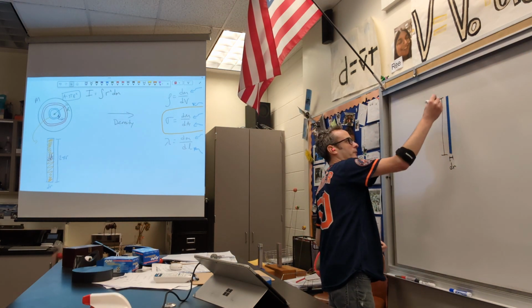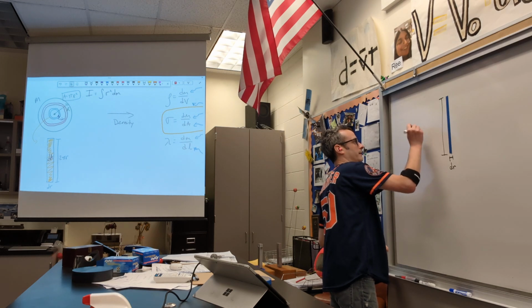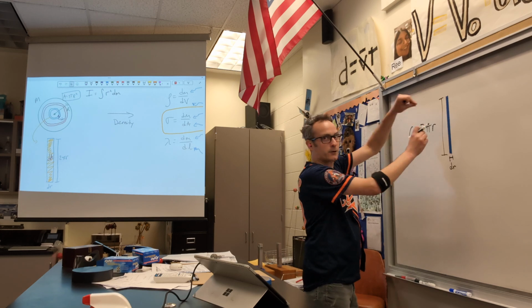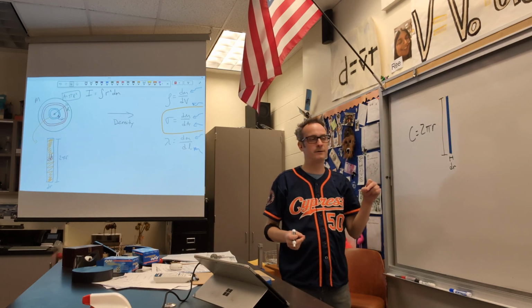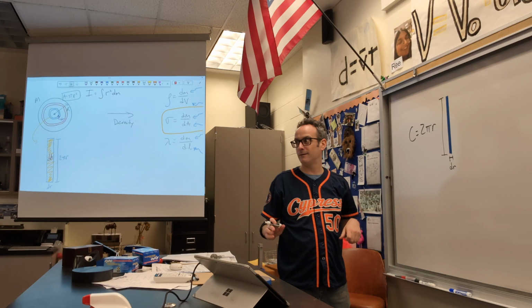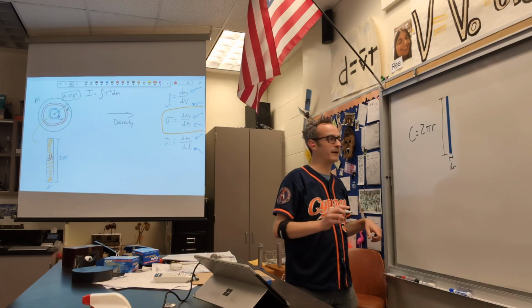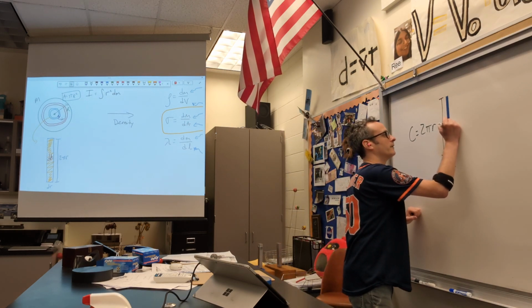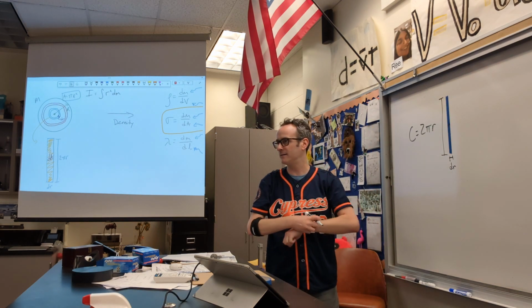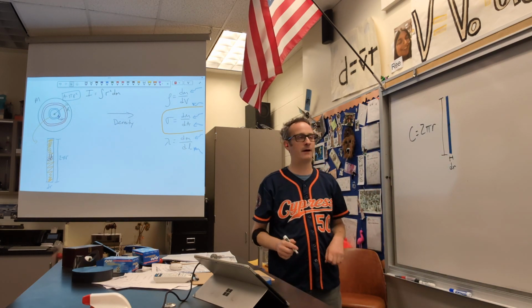So yes, this is going to be the circumference, basically, 2 pi r, because that was the little bit of tape that I just ripped off. You with me so far? Yes? Yeah. Okay.